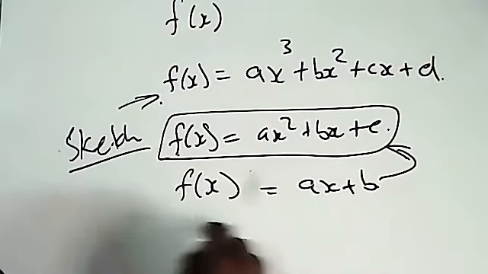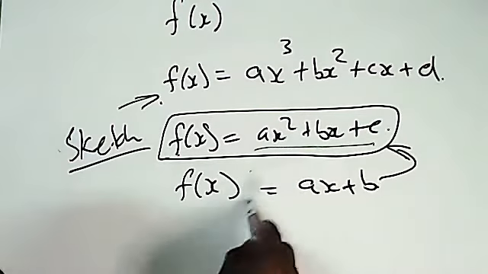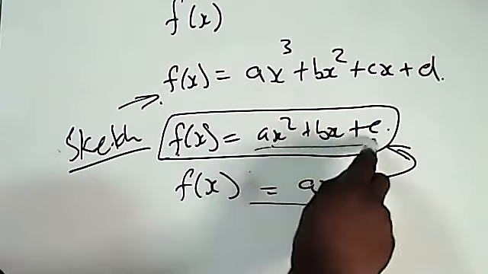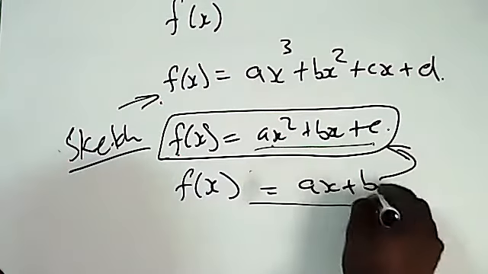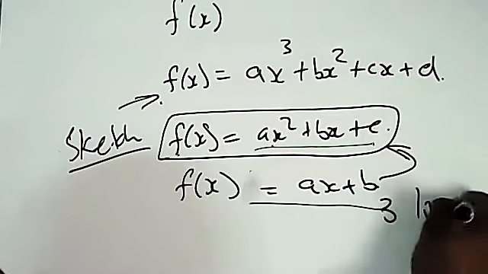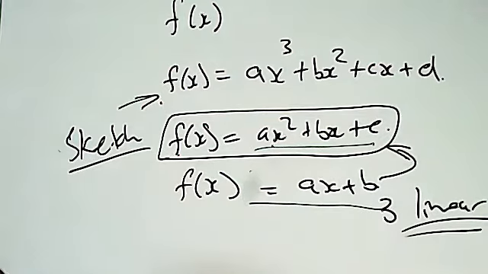And when you factorize the cubic, you will get a quadratic and a linear. And then this quadratic will further factorize. So at the end, you should be having 3 linear expressions for you to be able to sketch the cubic.